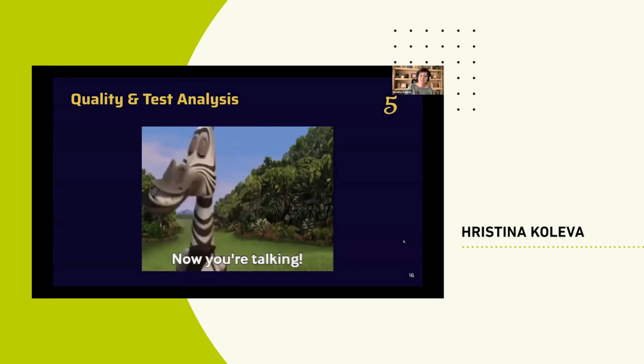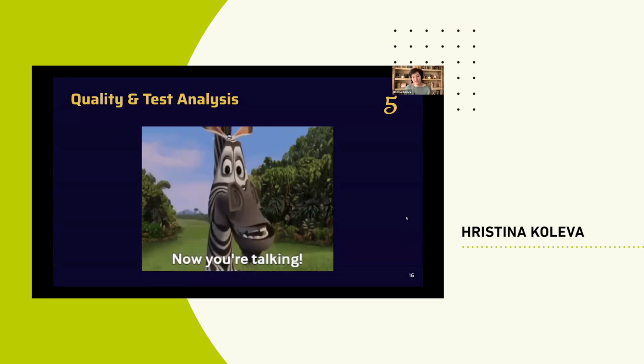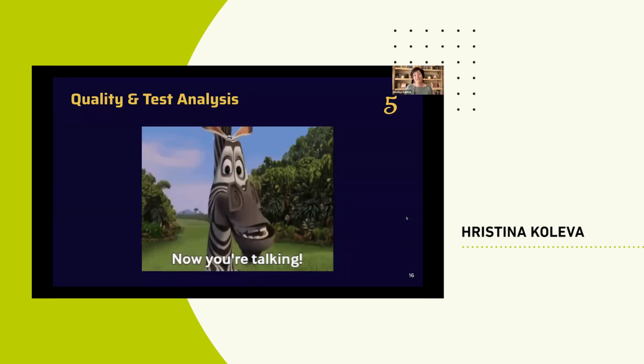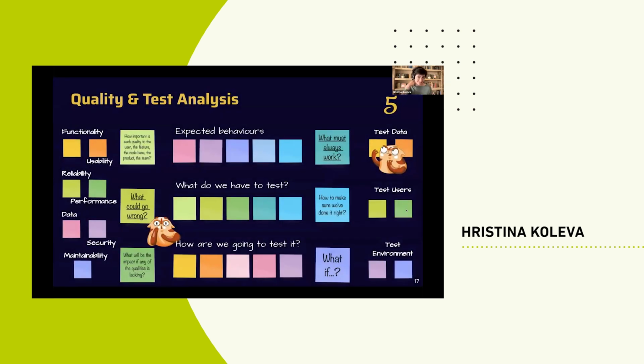Finally, quality and test analysis. Here's a small tip. You can actually only do that frame, not the rest. But the thing is that you will inevitably turn to the other frames because they hold all the answers. All of us are testers here. I will not tell you how to do testing at all.